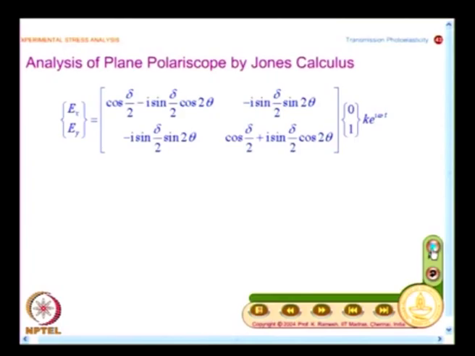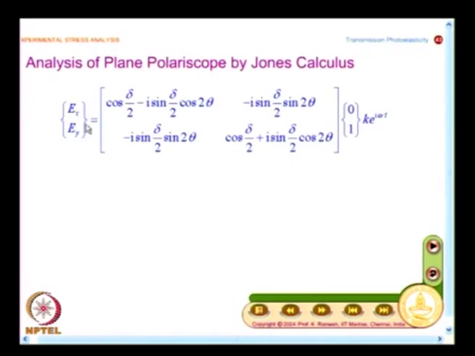And what is the next element? You have only the model, and you have already written down how to represent a retarder. In fact, you can put the rotation matrix, retardation matrix, and reverse rotation matrix, and then finally arrive at this. But instead, if you directly write it, it saves your time, and it is very simple to remember, it is not difficult, which you will be in a position to do.